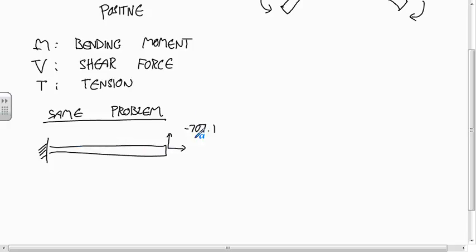Negative 707, negative 707. And if we solve it, let's just go right to the isolated body. So we know that we have a force of positive 707, positive 707, and a couple of positive 707.